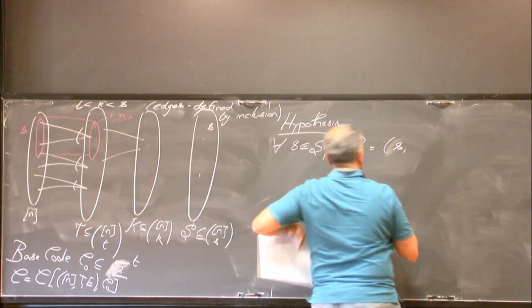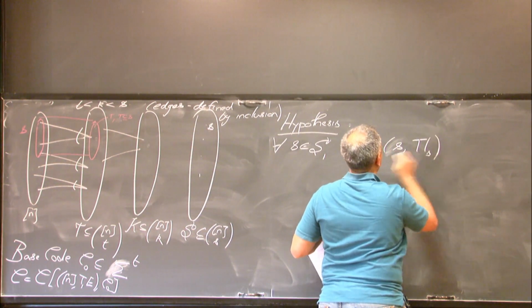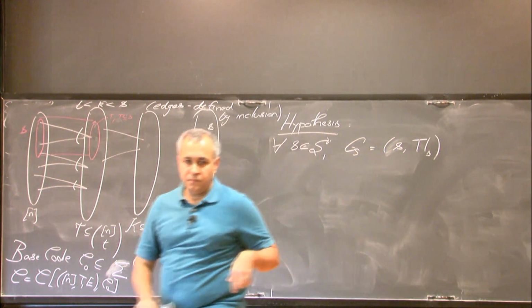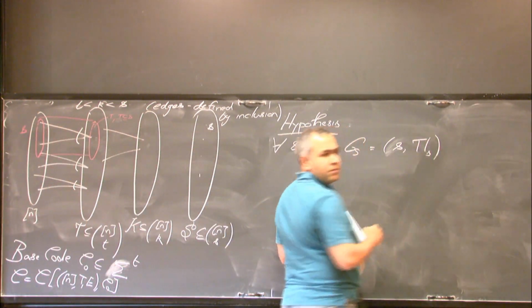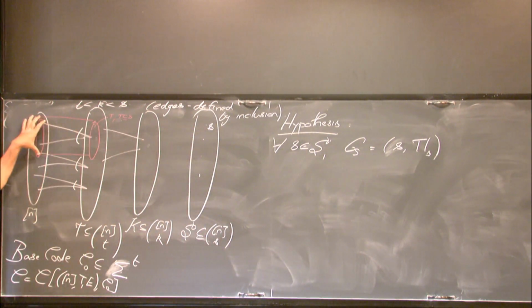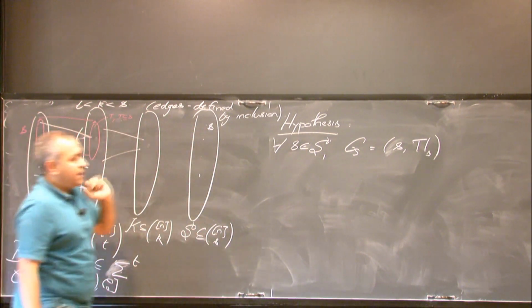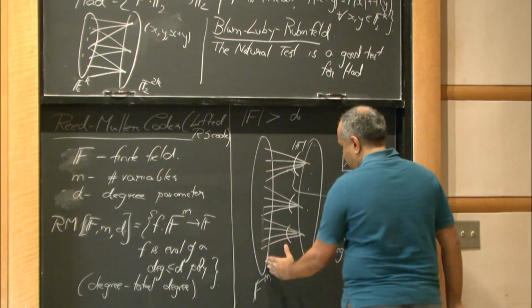Is this graph clear? So for every subset here, I can look at the corresponding graph over here. One natural realization of this comes from taking points and lines.